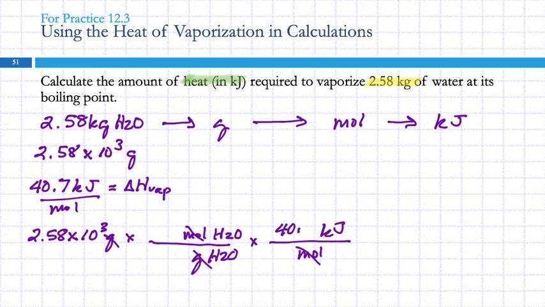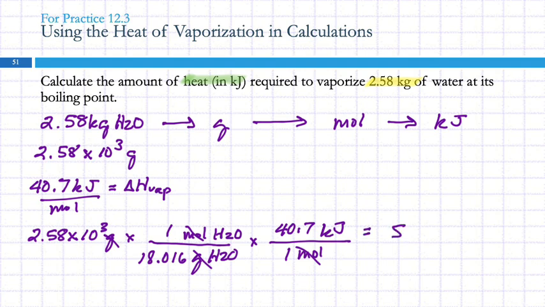So 40.7 kilojoules for every 1 mole of water. And then we can calculate the molar mass of water. That's one I just remember. So 2.58 times 10 to the 3rd divided by 18.016 times 40.7.